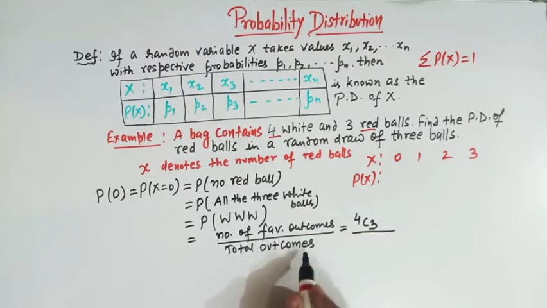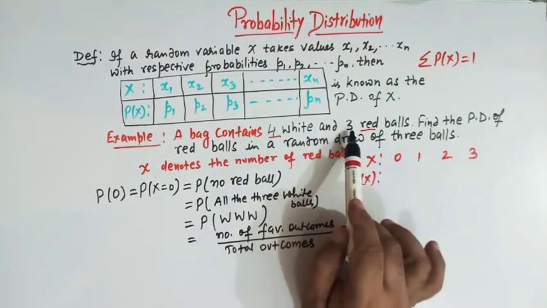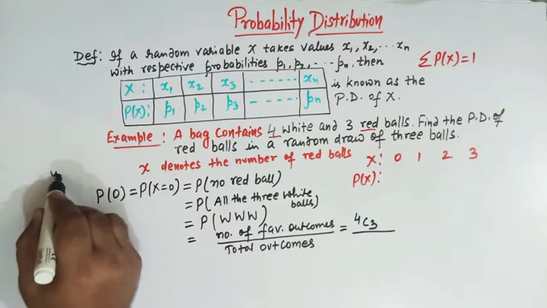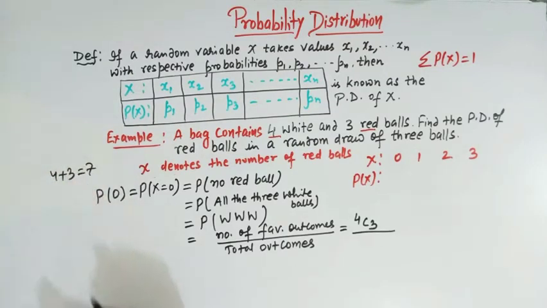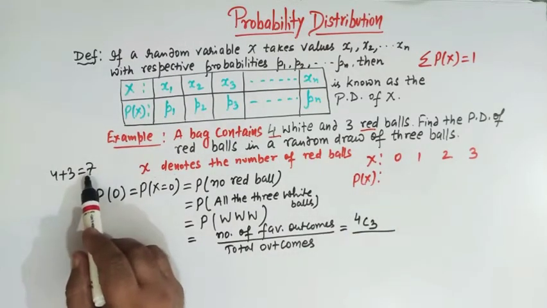The total outcomes: we have 7 balls, because the total number of balls is 4 plus 3, that is 7, and we have to select 3 balls out of 7 balls.